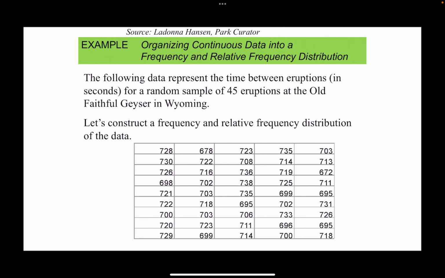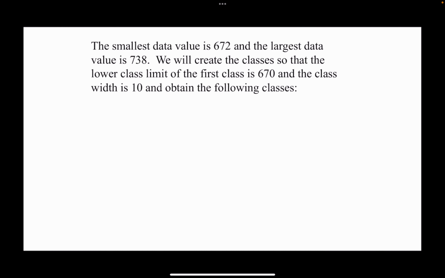All right, so here we have a whole bunch of data. This is a sample of 45 eruptions of the Old Faithful geyser in Wyoming. We're going to construct a frequency and relative frequency distribution of our data, and then make a histogram. Our smallest data value is 672 and our largest is 738.